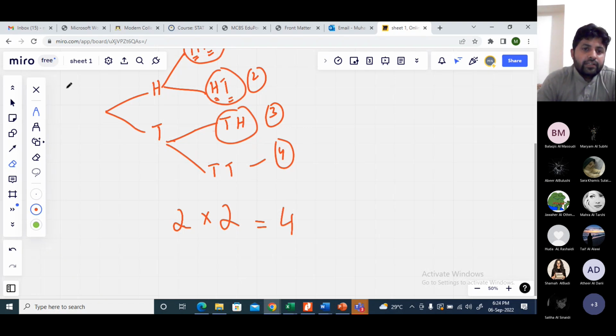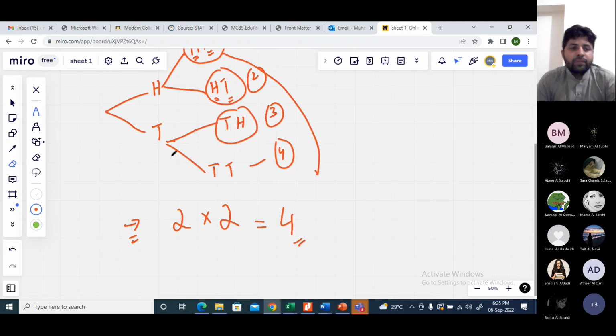So this is the practical demonstration. I have shown you how the 4 experimental outcomes were obtained. And this is the simple multiplication rule that will guide us how to calculate the total number of sample points, or the total number of experimental outcomes, or the sample space for the 2 coin toss.